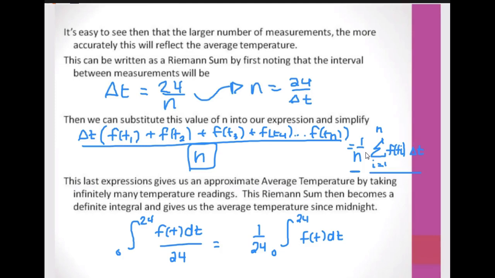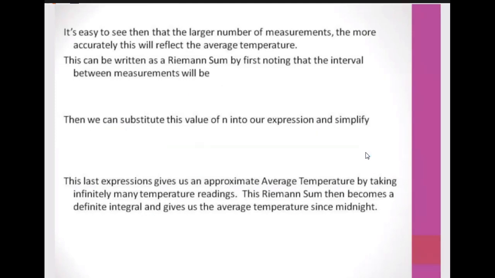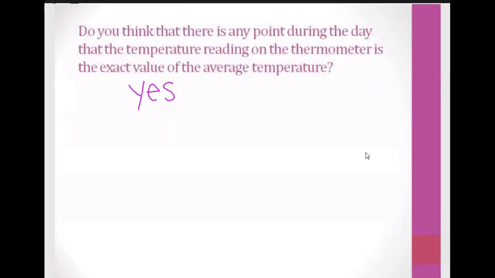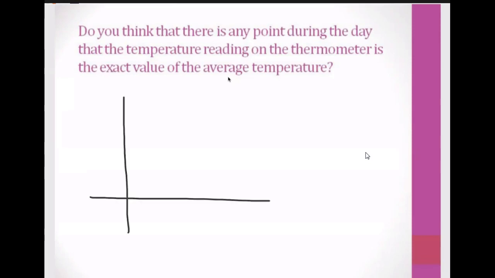As a talking point, it says, do you think that at any point during the day, the temperature reading on the thermometer would be the exact value of the average temperature? What that means is we know temperature is continuous. If the day begins at midnight and it's 32 degrees, as the day progresses, temperature typically increases.